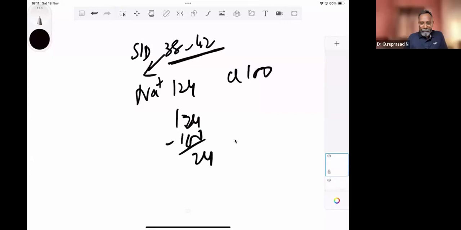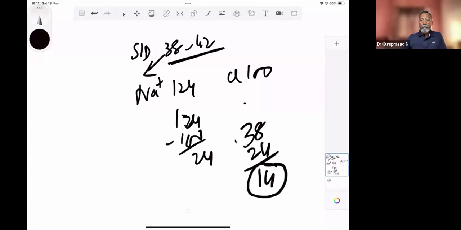That means there is metabolic acidosis. Because 38 is normal and you have accounted for only 24, there is another 14 milliequivalents of an unknown acid contributing to the acidosis.